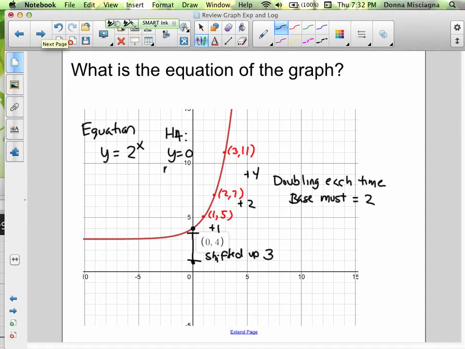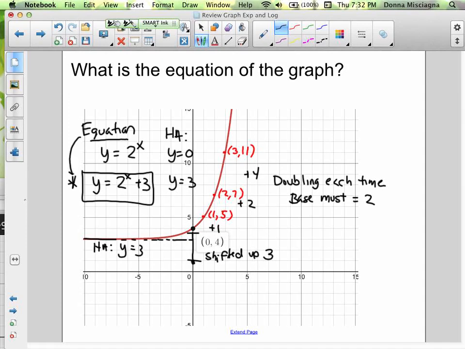And we definitely are shifted up 3. Notice, see how we're even leveling right here. So it looks like our horizontal asymptote is y equals 3. So if our horizontal asymptote is y equals 3, then our equation must be y equals 2 to the x plus 3.